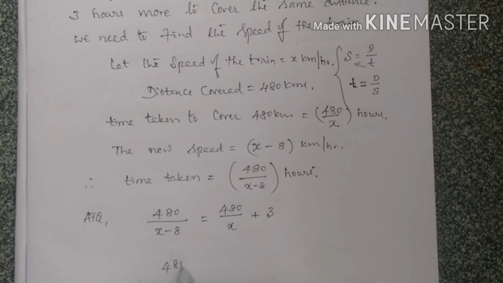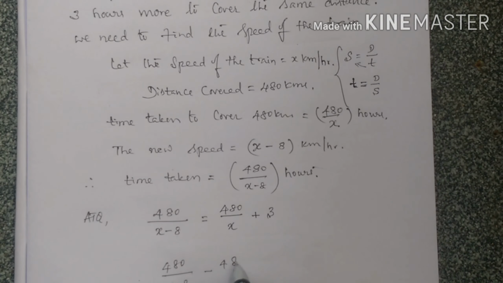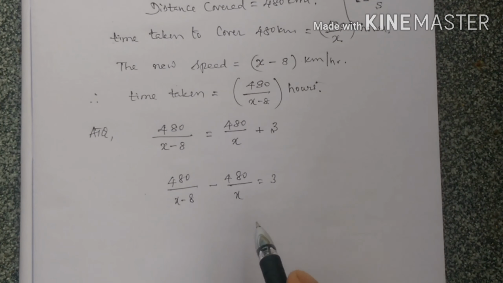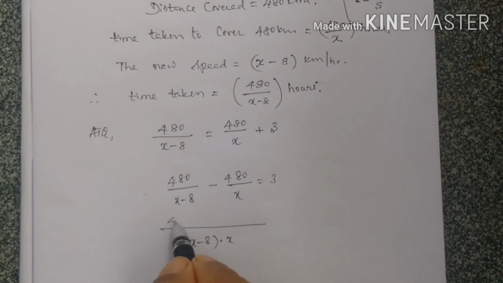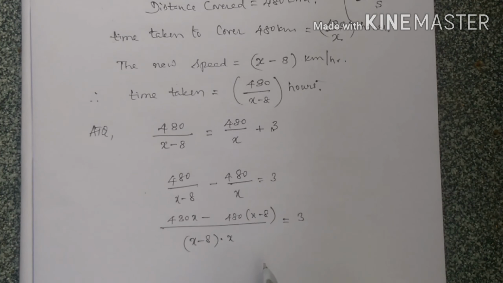So 480 by x minus 8, just I am shifting 480 by x to this side, that is equal to 3, I am going to write as it is. So x minus 8 into x is the LCM for these two. So then x minus 8 cancels, and xx cancels: 480 into x minus 480 into x minus 8, that is equal to 3.